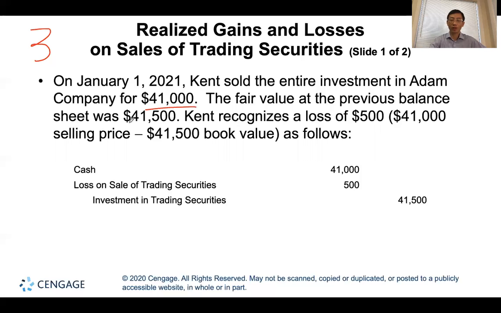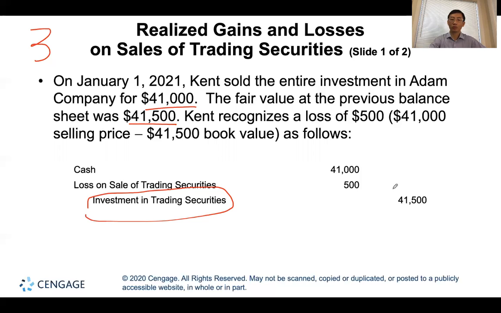The fair value is 41,500. So this 500 is a realized gain or loss, because the balance of the security is 41,500.